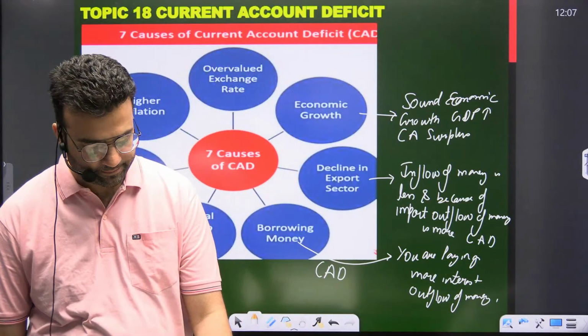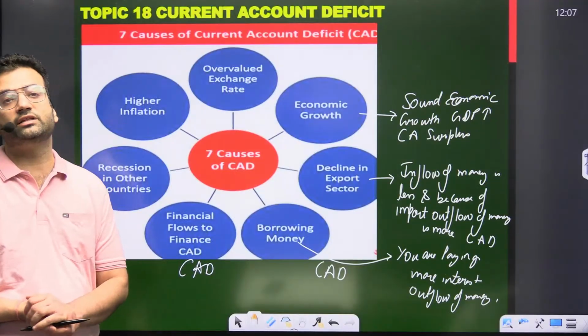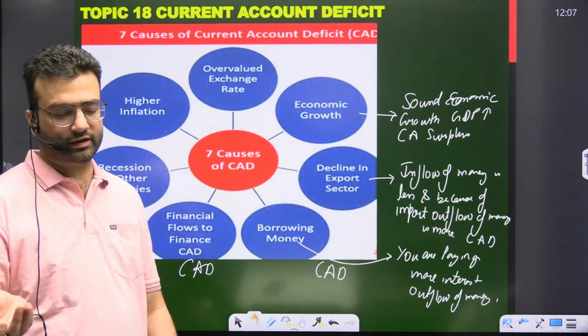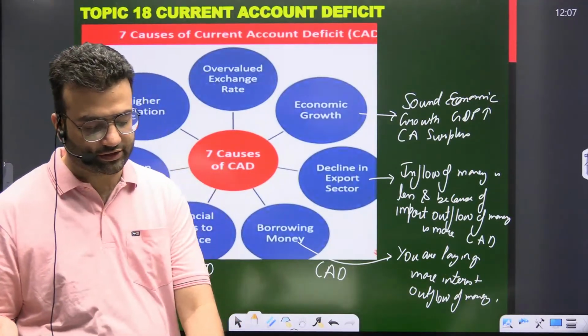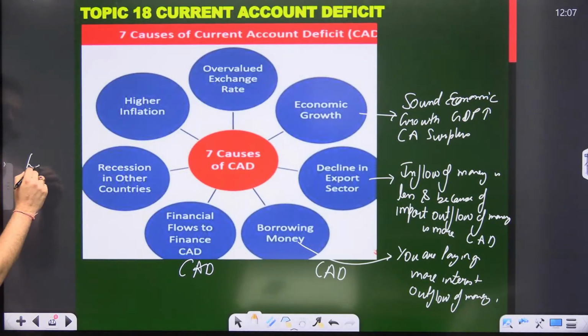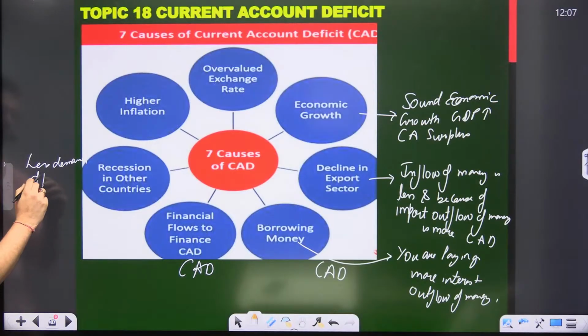Next is recession in other economies. If there is recession in other economies, there is less generation of demand, so less demand for Indian exports.